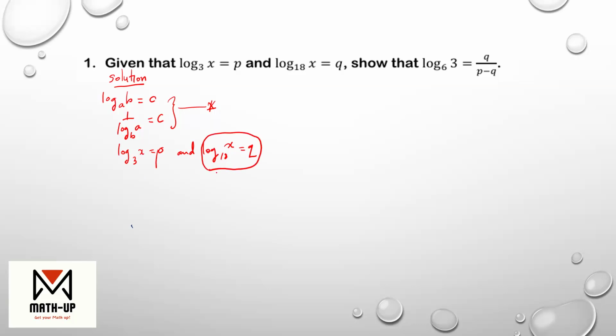So we shall start by manipulating this in such a way that we use this law that is already stated up here. And we shall have 1 over log of 18 to the base x is equal to q, which could mean log of 18 to the base x is equal to 1 over q.